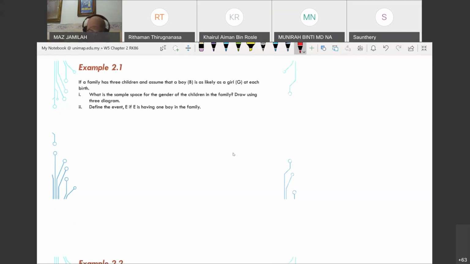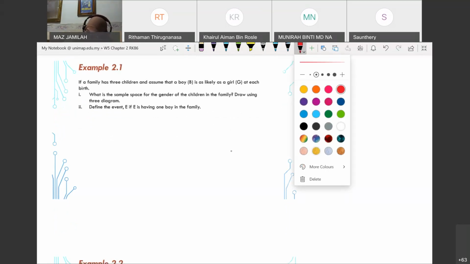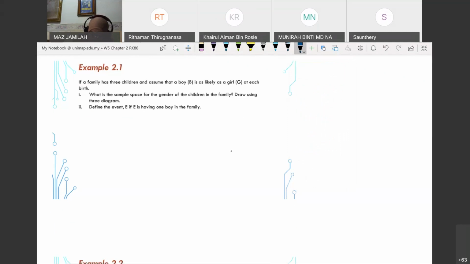Okay, so let's say we do it this way. First child, second child, and third child. The first child is either a boy or a girl. Having said the first is boy, then the second can be boy or girl.